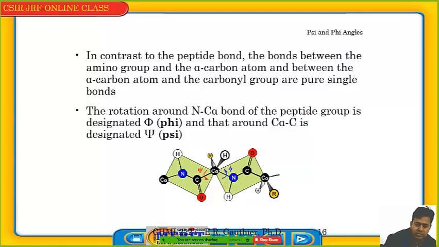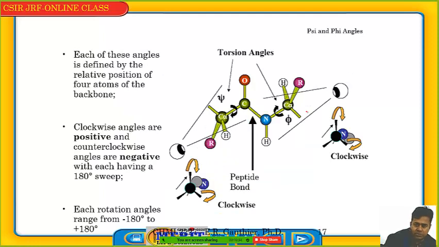This should not be confused, because this is called the torsion angle, right? And there may be two directions. One is clockwise, that is positive, and anti-clockwise is negative.